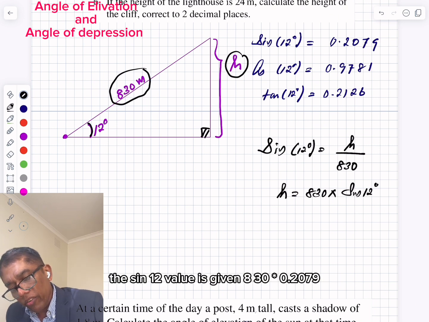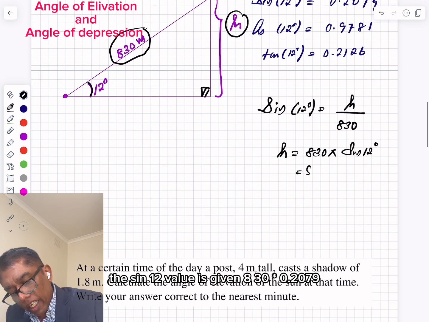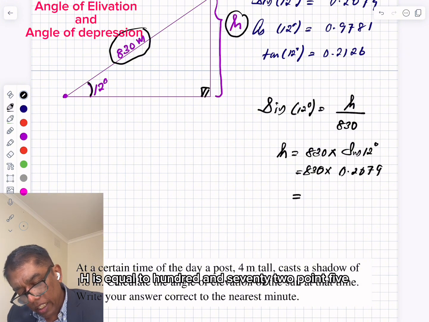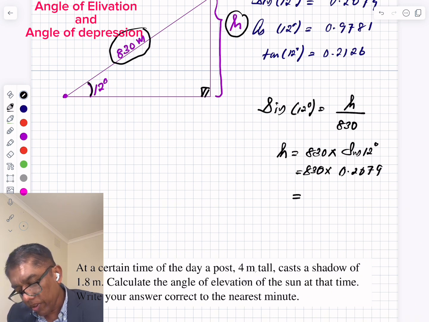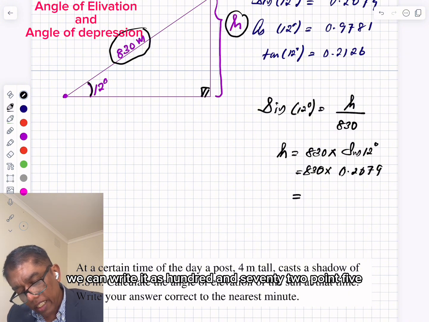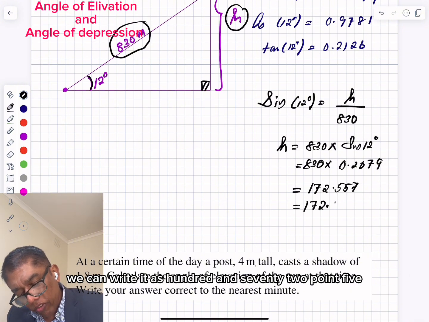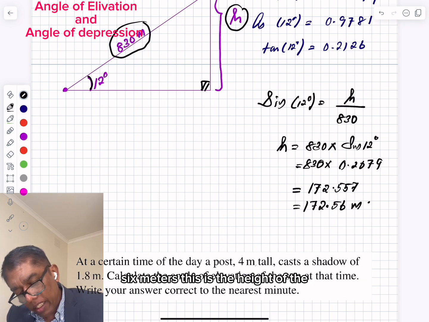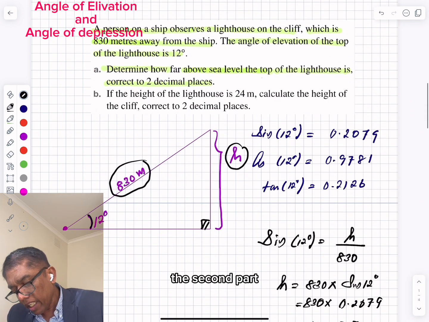The sine 12 value is 0.2079, so 830 times 0.2079. Therefore, h is equal to 172.557. We are asked to write it correct to 2 decimal places. We can write it as 172.56 meters. This is the height of the top of the lighthouse above sea level.